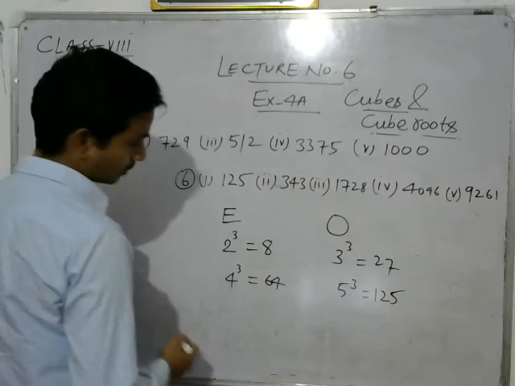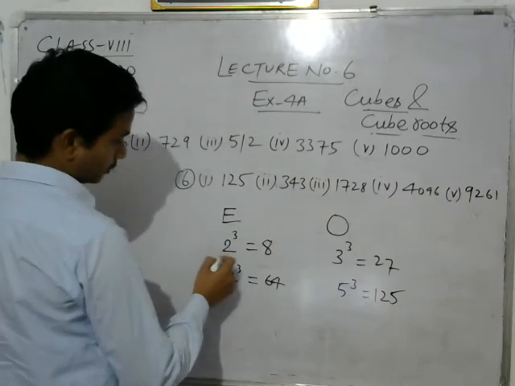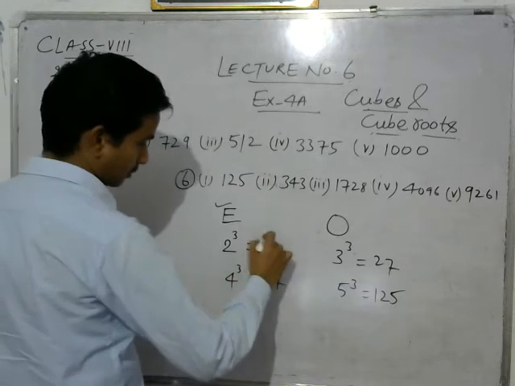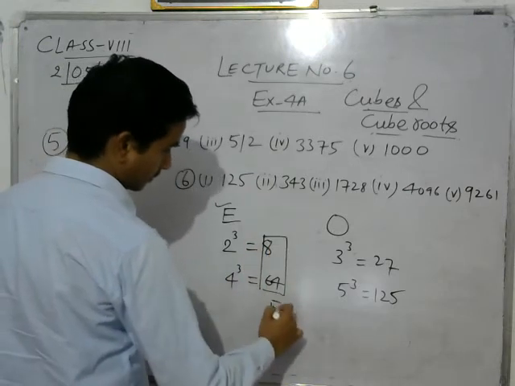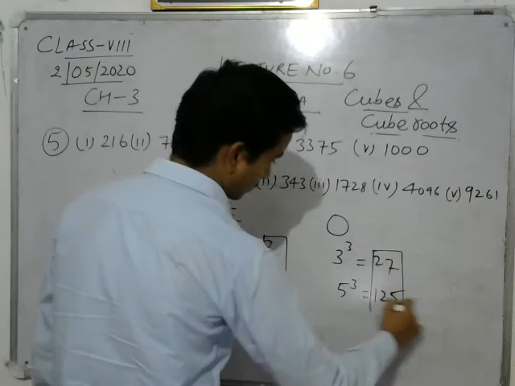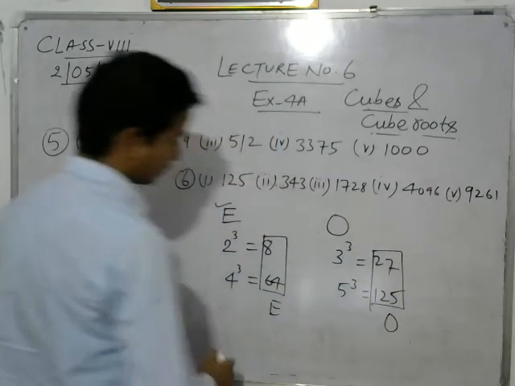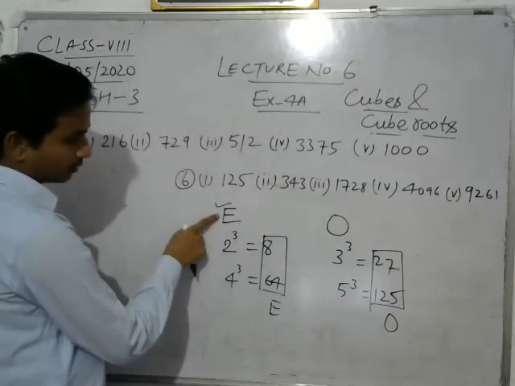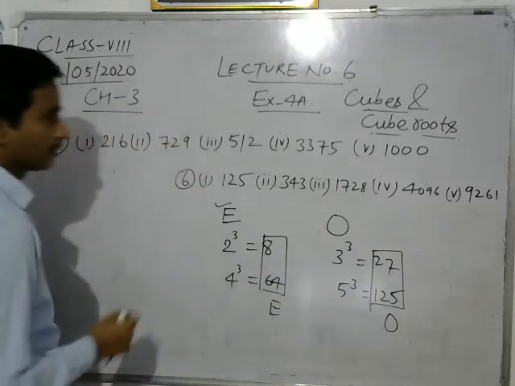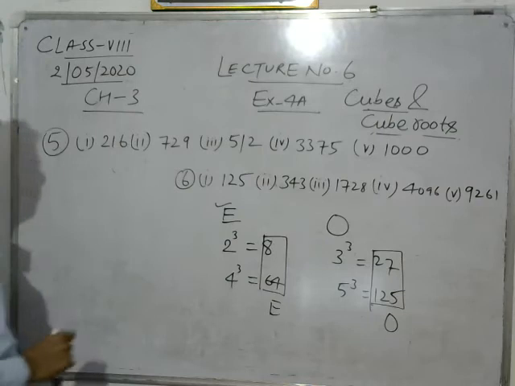So here what we observe is that the cube of an even number is also even, and the cube of an odd number is also odd. We will use this concept in this problem.